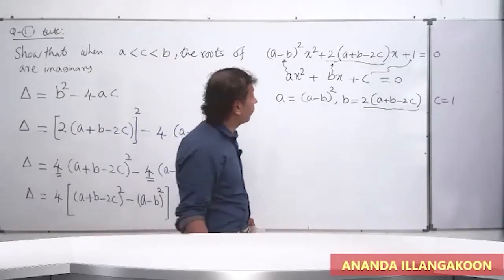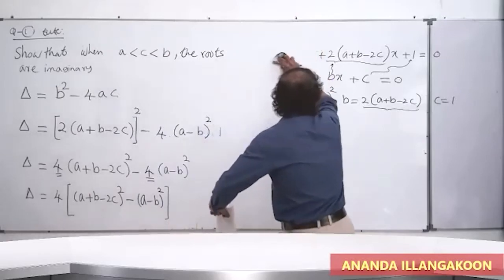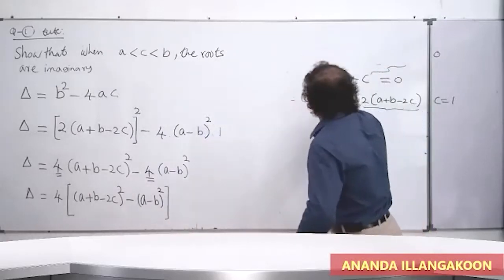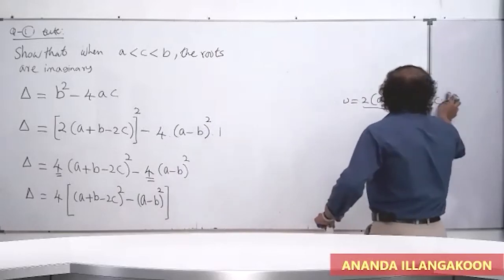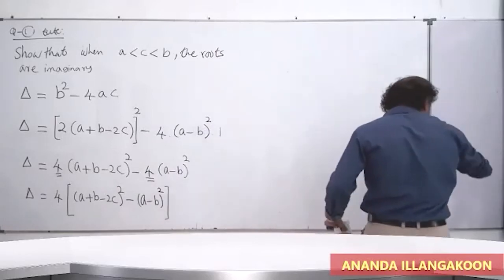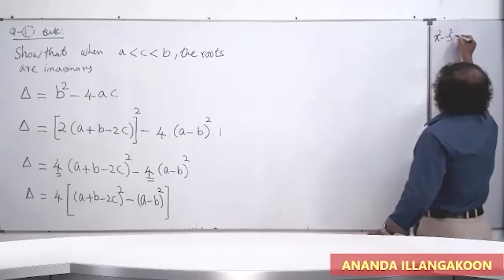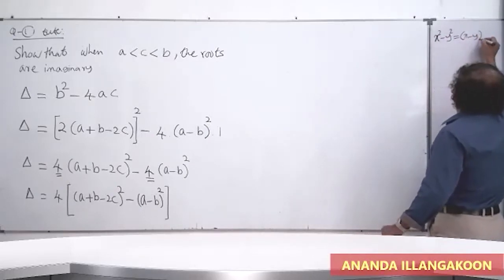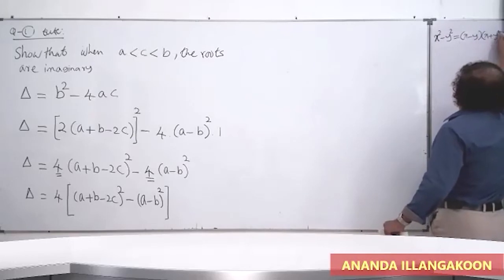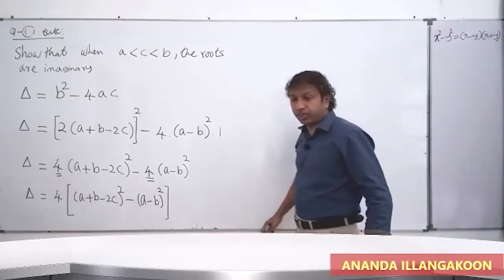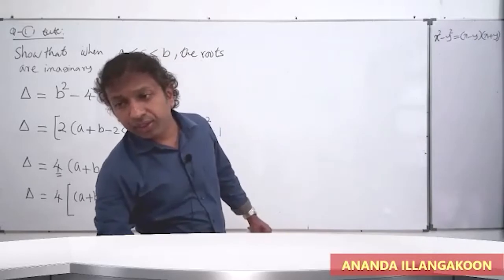You know, people, the factors of a difference of two squares. If we have x squared minus y squared, what are the factors, people? x squared minus y squared factors are x minus y times x plus y.